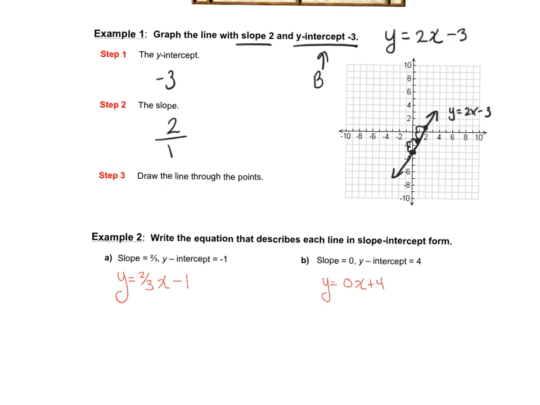And we never write 0x. 0 times x is just 0, so this equation would be y equals 4. So any horizontal line is going to have an equation of y equals that number. And any vertical line will have an x equals some number equation.